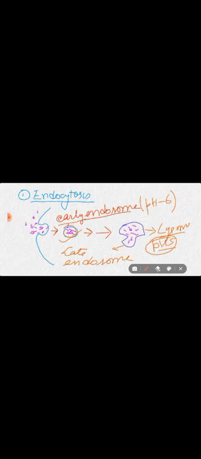So the acidic hydrolase enzymes are activated and start their digestion, and finally they form late endosomes, which will fuse with the lysosomes having the pH of 5.